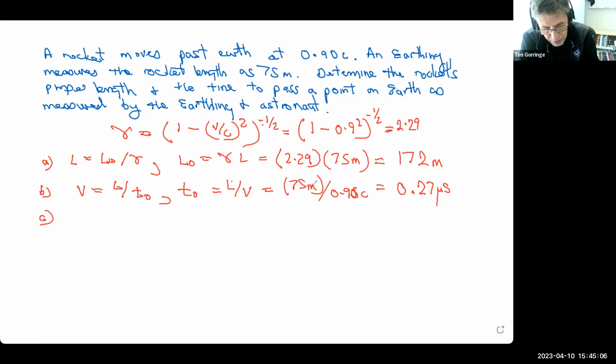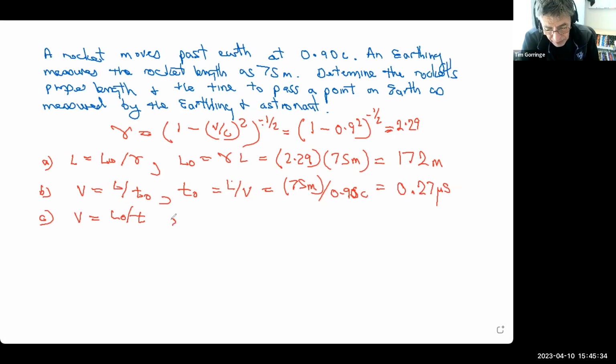Now we want finally not the proper time, we just calculated that. We want the time dilated time that's measured by the astronaut to pass by. Well, one way we can do this calculation is again use the same law of physics, that the speed of an object is related to the distance traveled divided by the elapsed time.